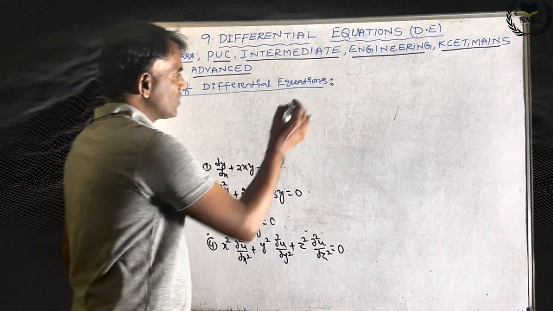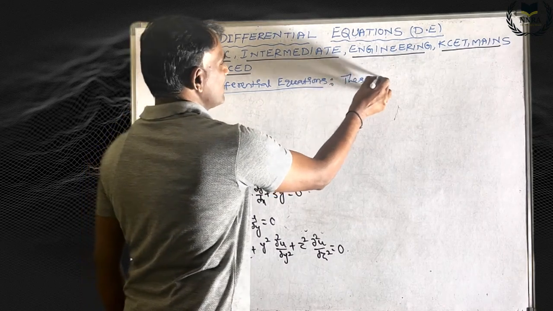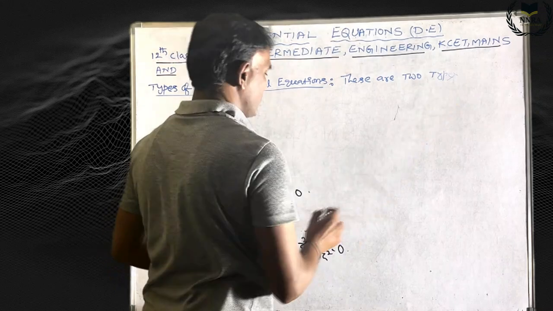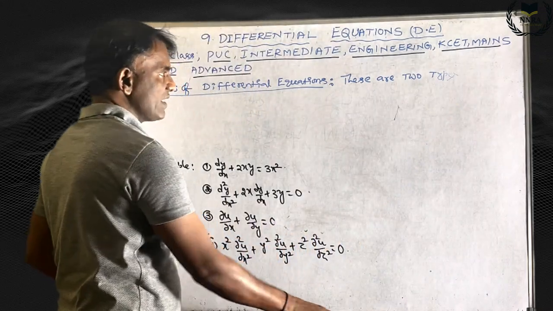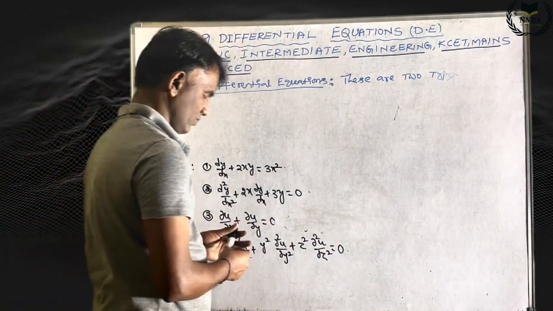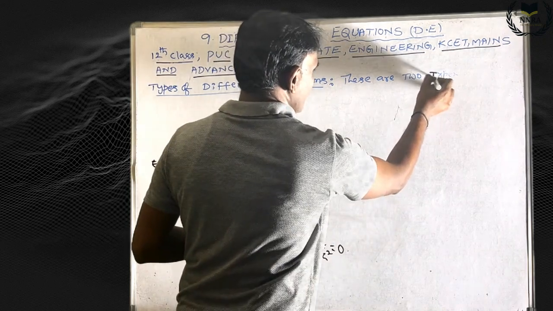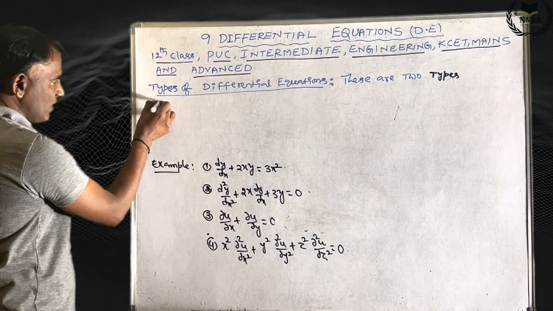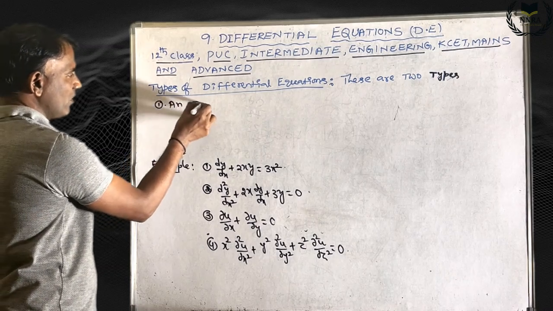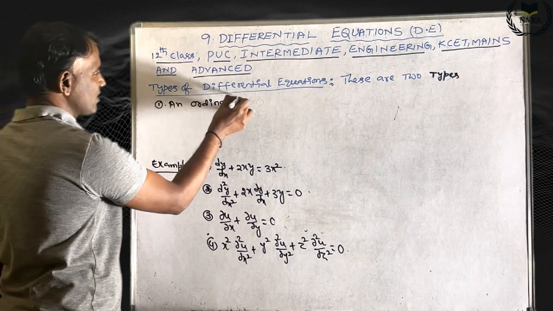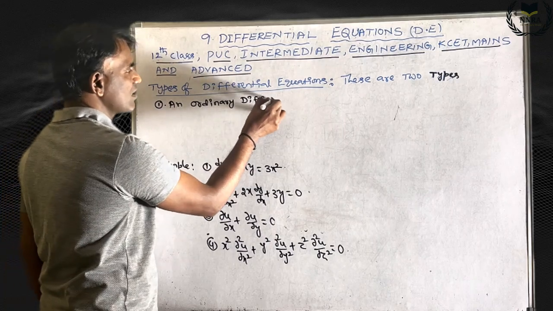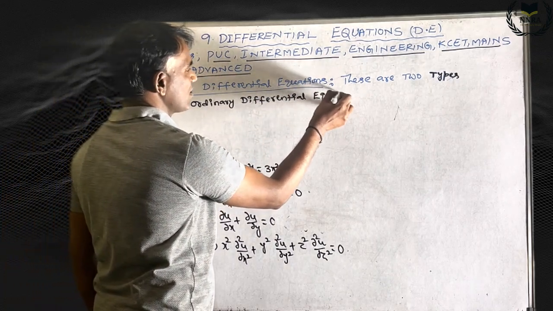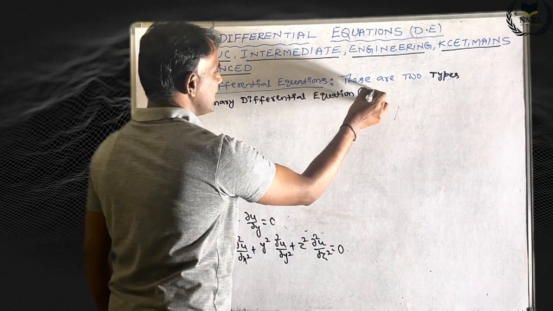So generally these are two types. First one is number one, an ordinary differential equation, in bracket ODE.